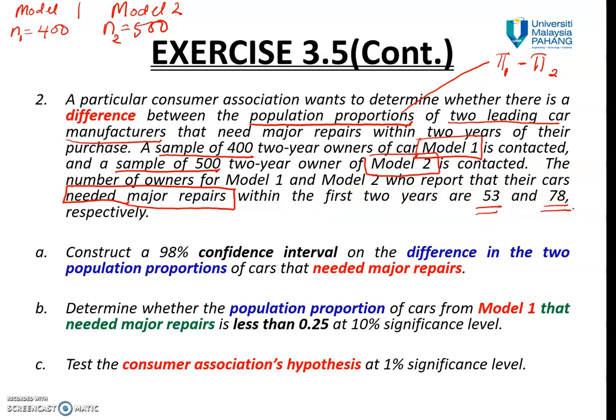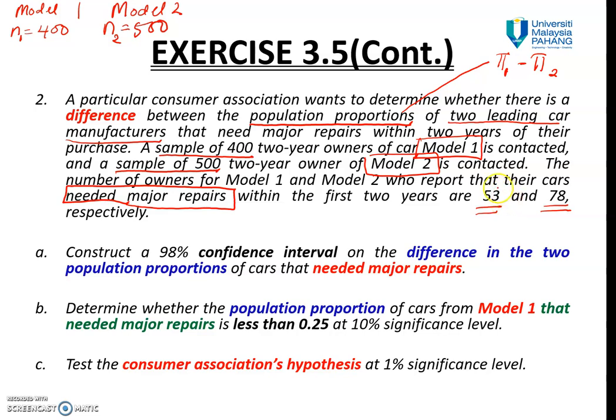From the first sentence you can see the words population proportion, so it shows it's a parameter, a proportion. However, if you look at the last sentence, needed major repairs, that means you have two outcomes. Some of the customers say that they didn't need major repairs, but the others say needed major repairs. So this shows a proportion as well.